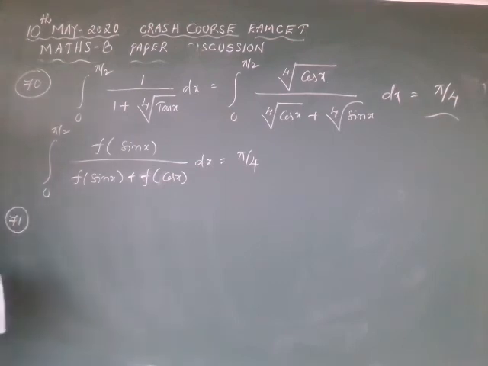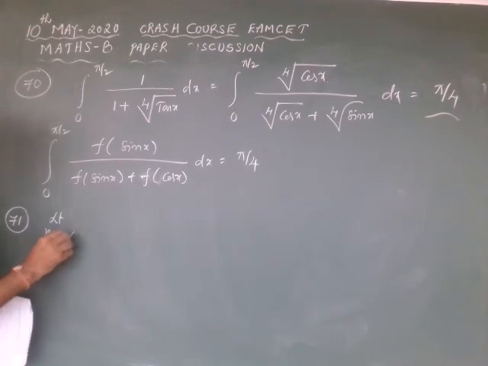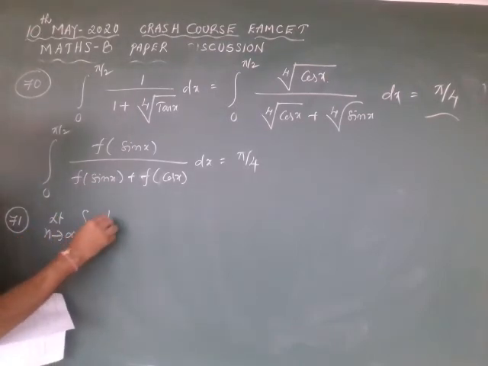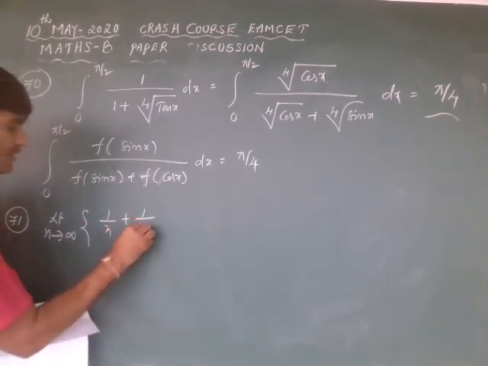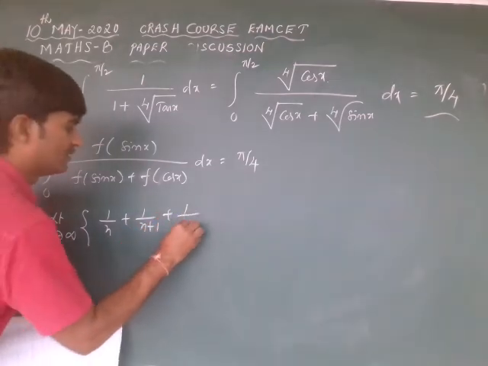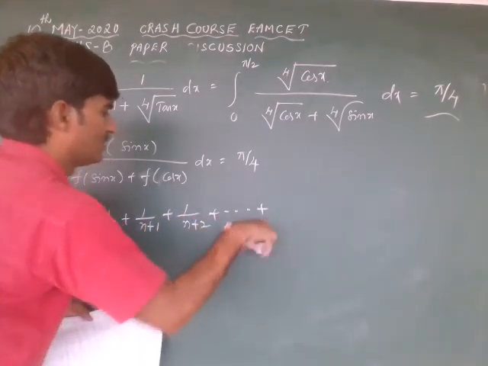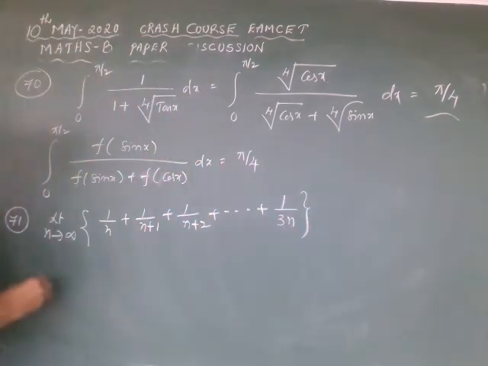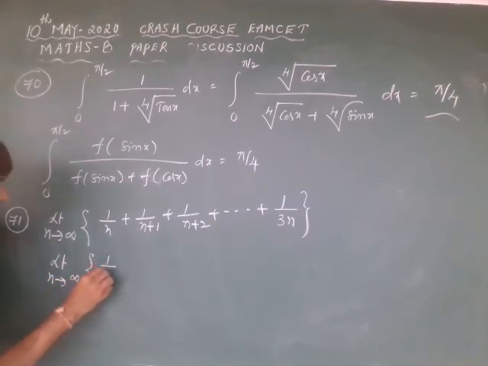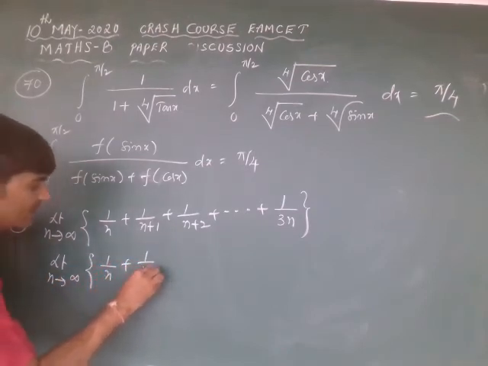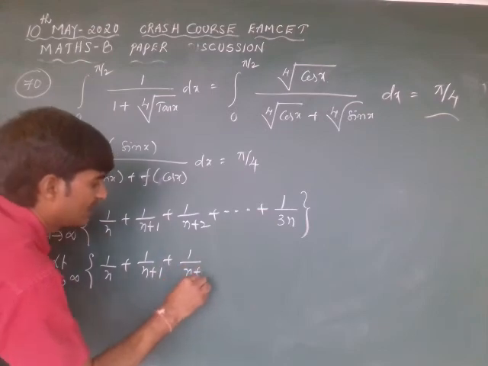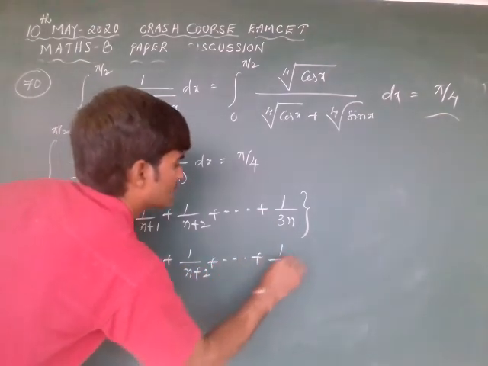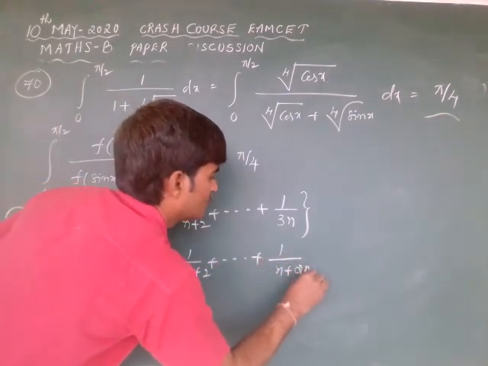Next, 71, limit n tends to infinity of 1 by n plus 1 by n plus 1 plus 1 by n plus 2 plus and so on plus 1 divided by 3n is equal to, it is written as limit n tends to infinity 1 by n plus 1 by n plus 1 plus 1 by n plus 2 plus and so on plus 1 divided by n plus 2n.